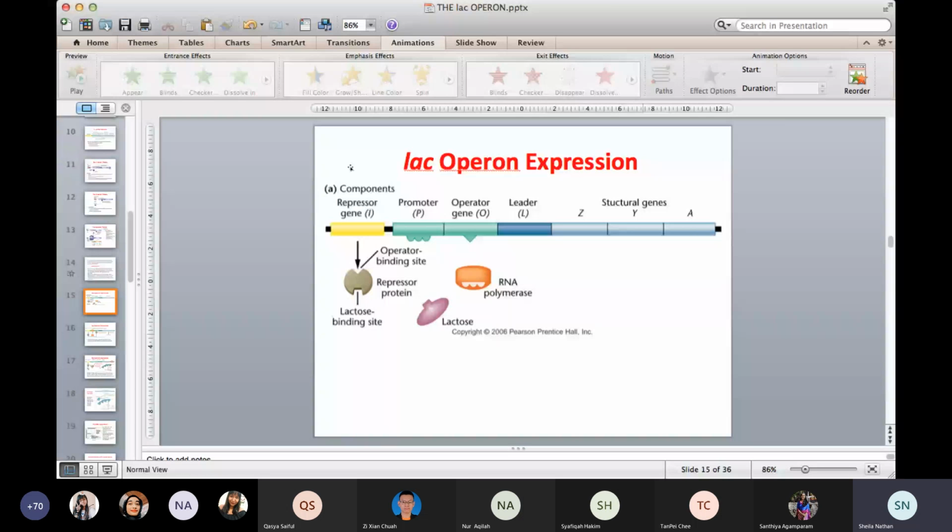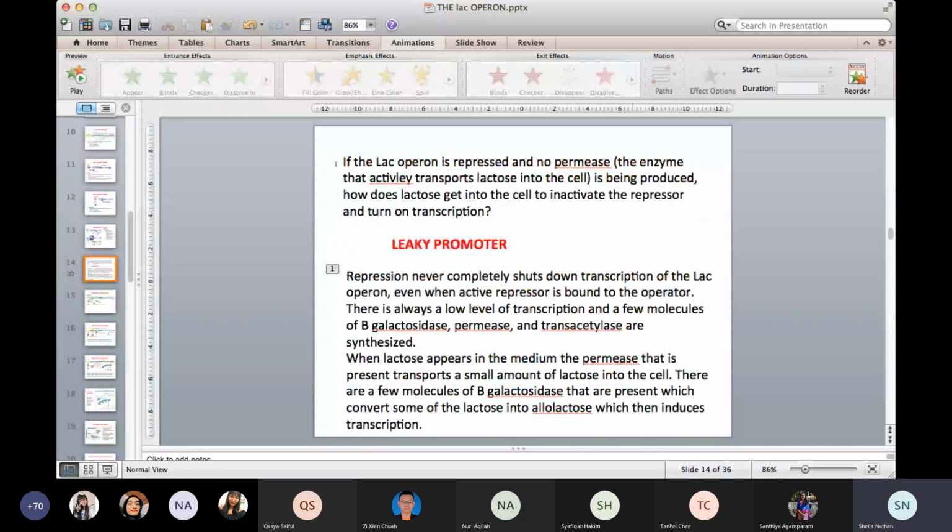If you look at the text, repression never completely shuts down transcription, even when the repressor is bound to the operator. There's always a low level of transcription, and a few molecules of beta-galactosidase, permease, and transacetylase are synthesized. When lactose appears in the environment, the permease present in that small amount will pick up the lactose and bring it into the cell.